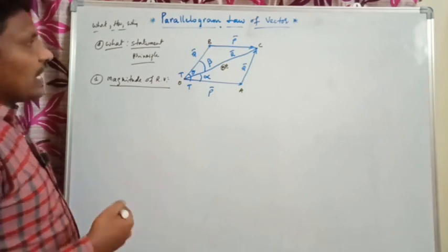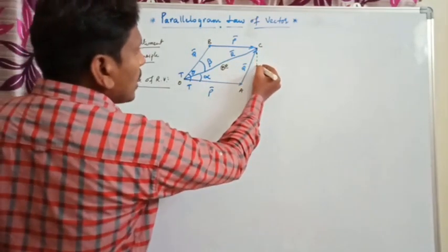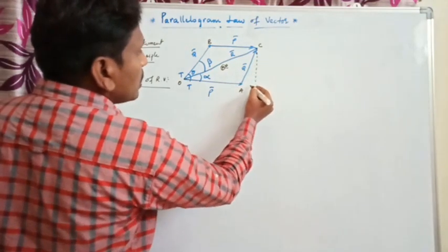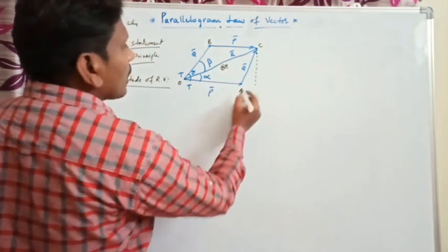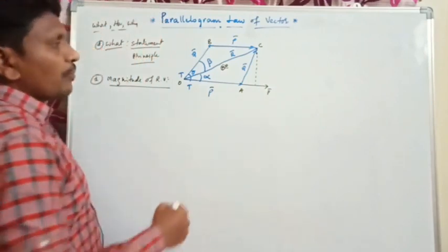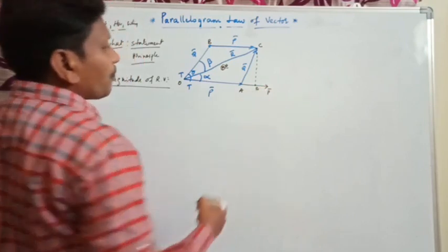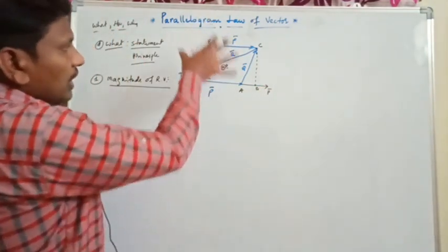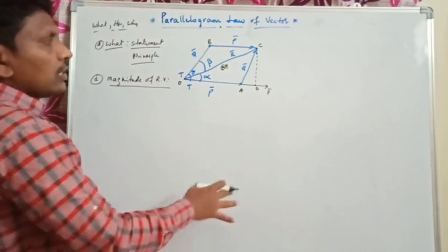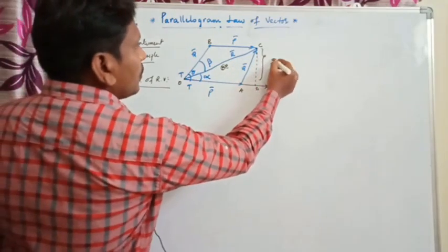Before finding this expression, let us assume that a normal is drawn from the point C to the OA vector, or P bar vector, which is extended, and it intersects normally at point D. Now everything is there on the diagram except DC and AD, which we don't know.